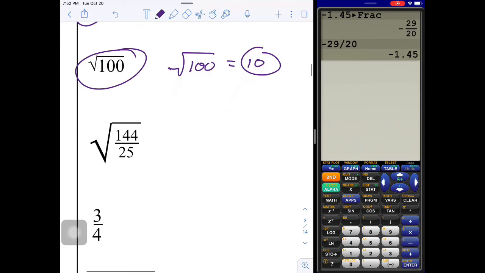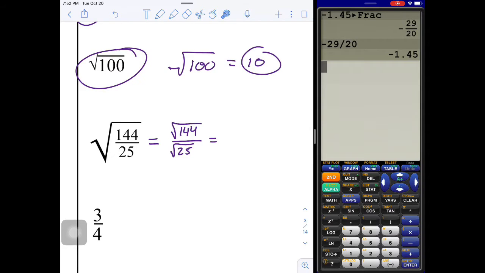How about here? Root 144 over root 25. We'll learn about this a little later, but this is a rule: you can square root each individual thing. The square root of 144 gives me 12, and the square root of 25 gives me 5.